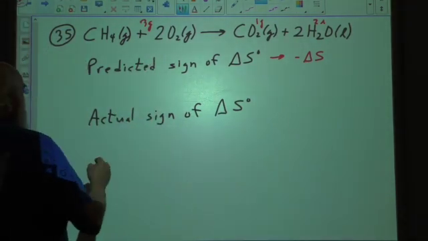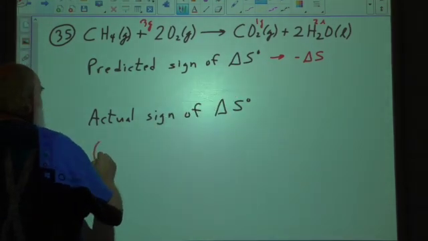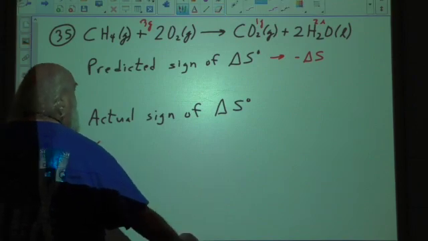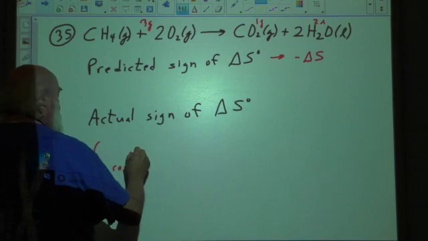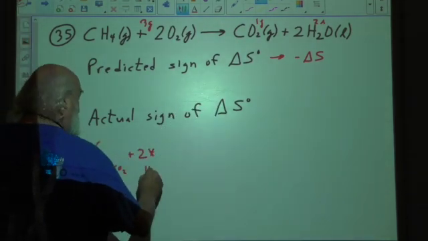So we go back up there, products minus reactants. So this is going to have 1 CO2 plus 2 times whatever the water is. That's H2O liquid.